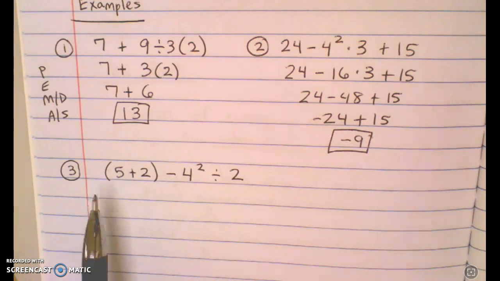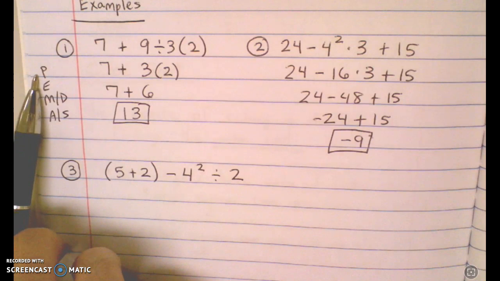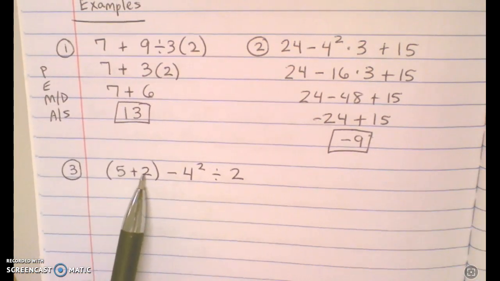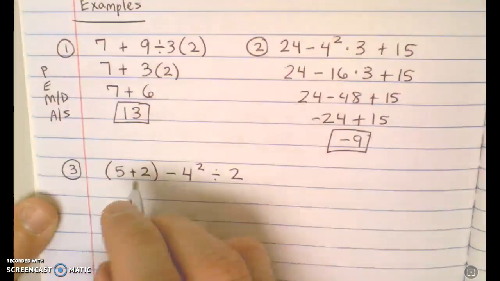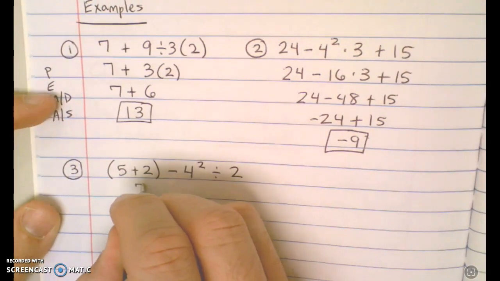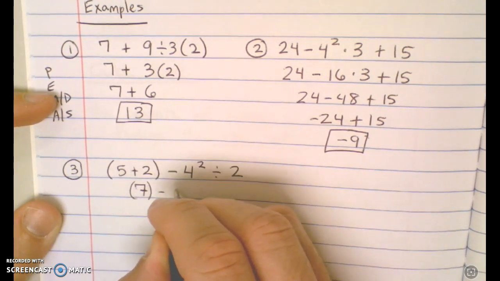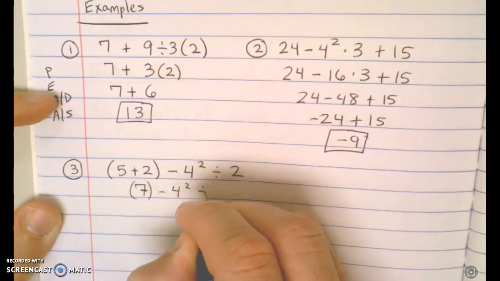So remember, when we're doing order of operations, we want to start with parentheses and look at inside the parentheses, if there's anything I can do on the inside. And on this problem there is, because I've got 5 plus 2, which gives me 7. So I'm going to rewrite this as 7 minus 4 squared divided by 2.